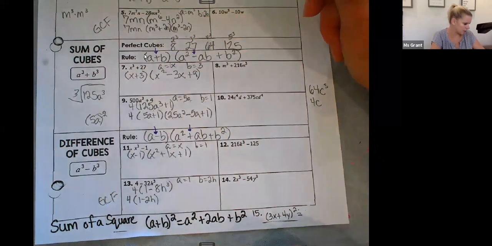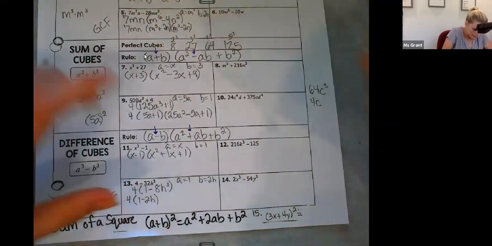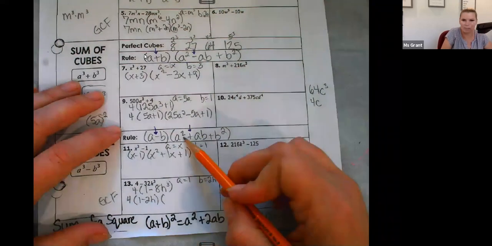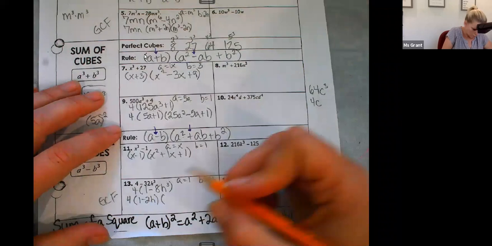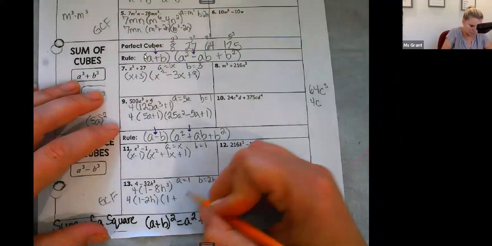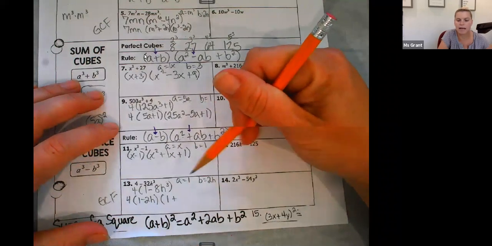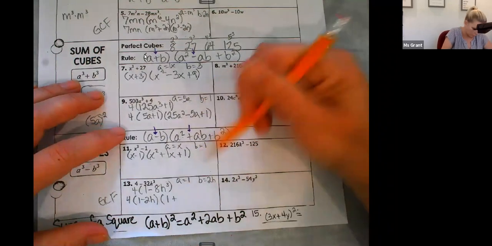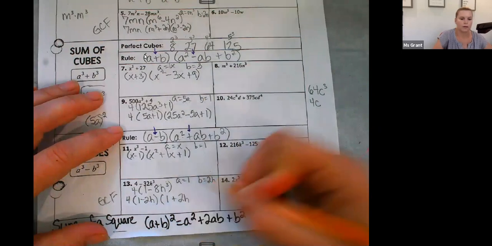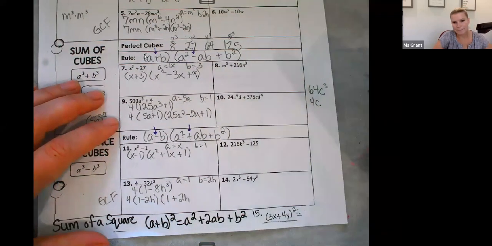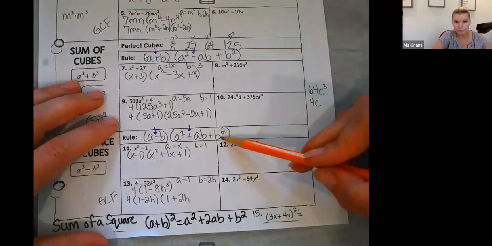So 1 minus 2h. Then I've got a squared plus ab: 1 squared, plus a times b, which is 1 times 2h, plus b squared.